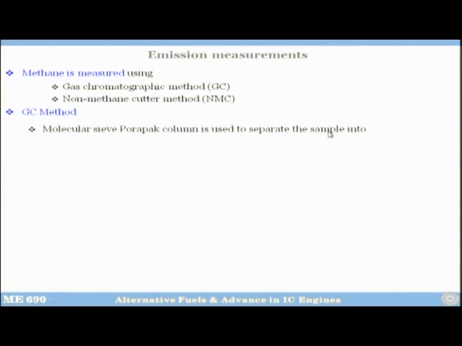So this is the column that you are actually going to use, the molecular sieve Porapak column, and it separates the species in the exhaust sample. It separates the hydrocarbon into methane, air and carbon monoxide, and then the remaining non-methane hydrocarbons, carbon dioxide and water. So these two are separated out. Then the molecular sieve separates the methane from carbon monoxide and air.